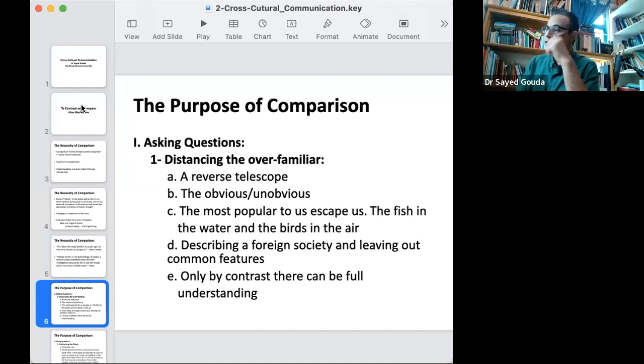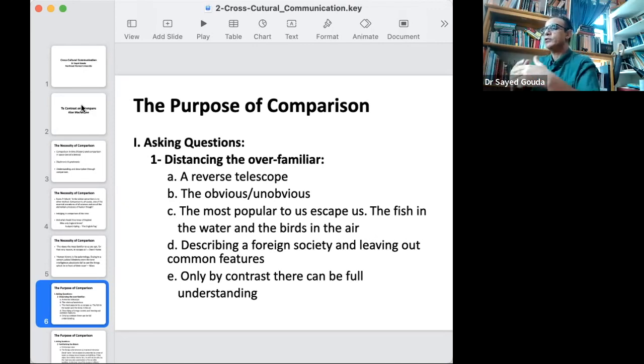So the first thing we need to do here is a reverse telescope. A telescope, usually we use it to see the minute microbes that we need to magnify by maybe millions of times in order to see the microbes and the viruses.